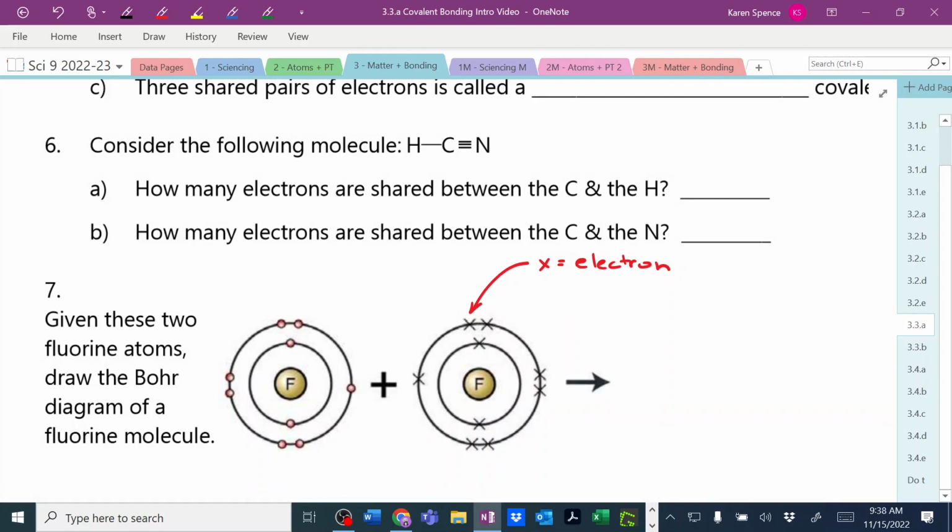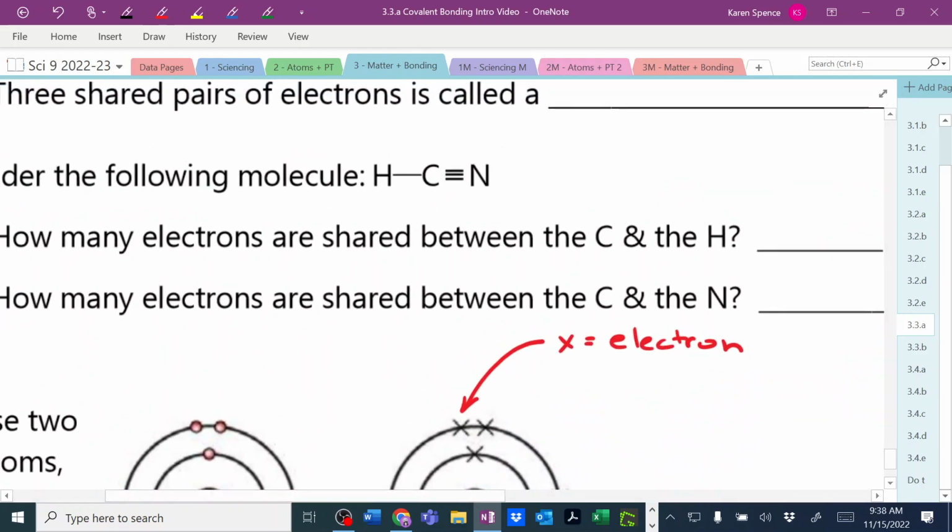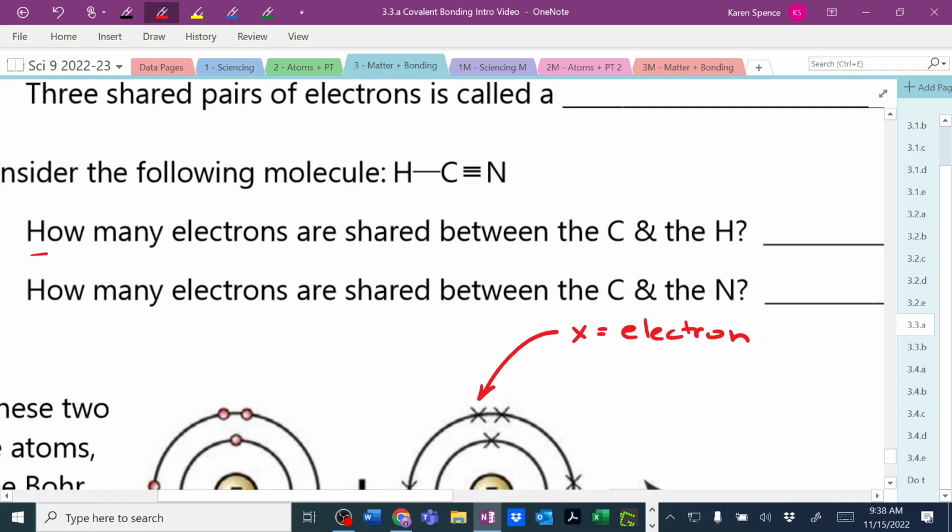Okay, so before we move on, I did want to make sure that we're all getting these answers correct. I know you have an answer key, but let's just double check, especially number 6 and 7. It says, how many electrons are shared between the carbon and the hydrogen?